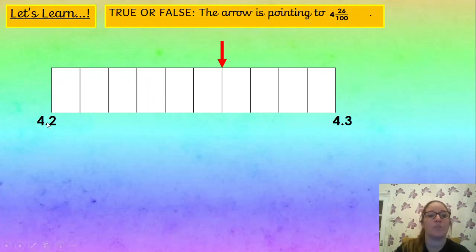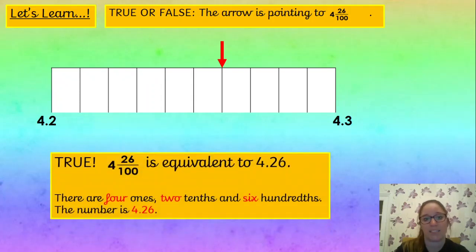So we have got 4.2 and 4.3. So let's count to get to 4.3. So we've got 4.2, this is going to be 4.21, 4.22, 4.23, 4.24, 4.25, 4.26. Is 4.26 the same as 4 and 26/100?